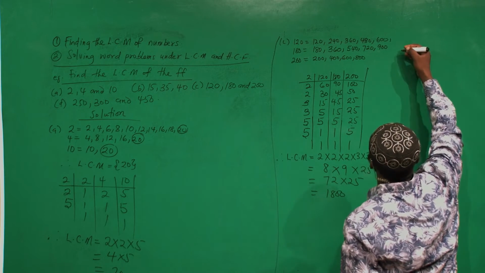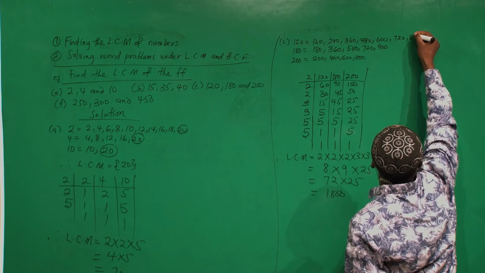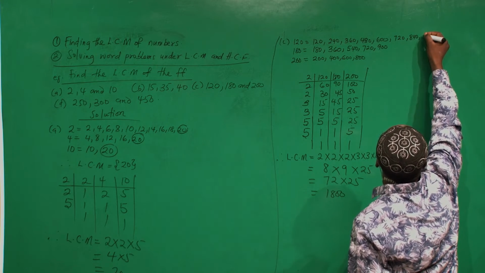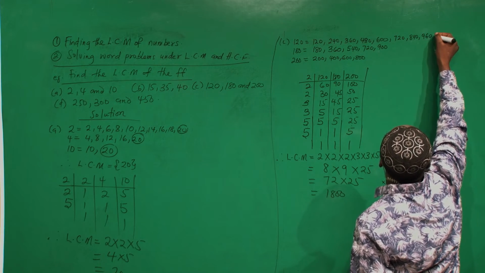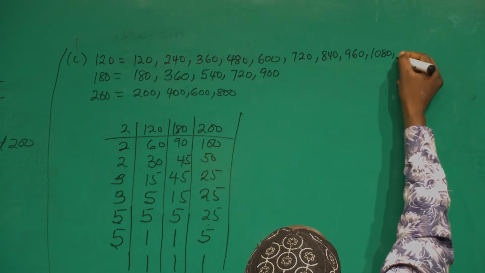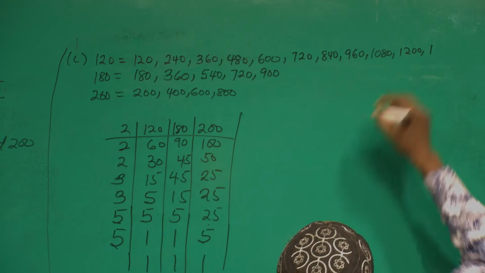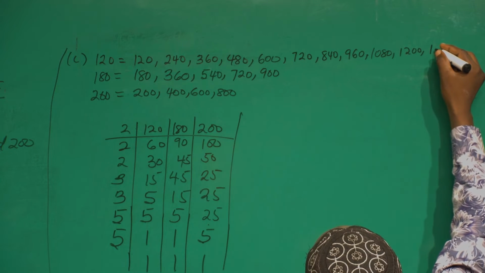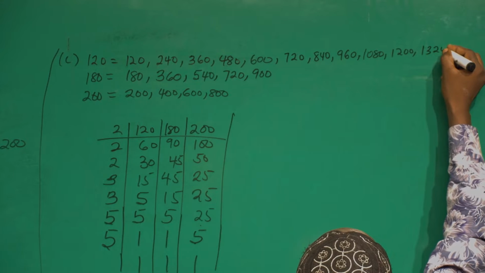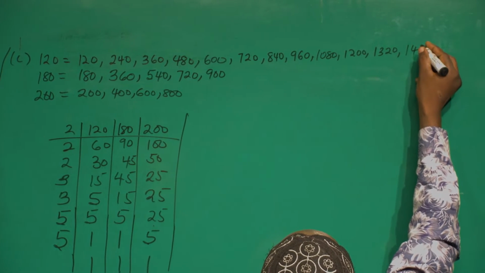When we add this to it, we get 720. We get 840. We get 960. We get 1,080. We get 1,200. We get 1,320. We get 1,460.